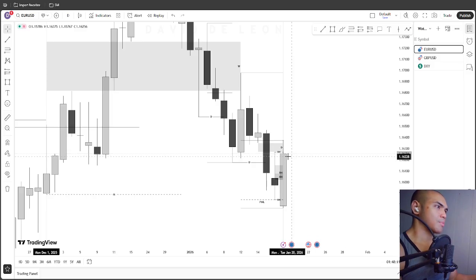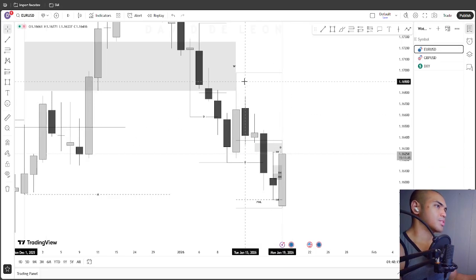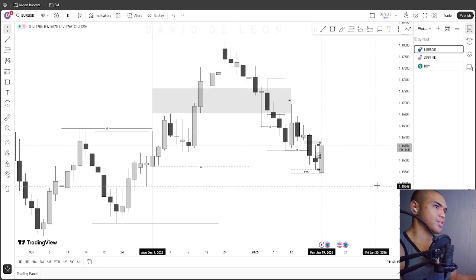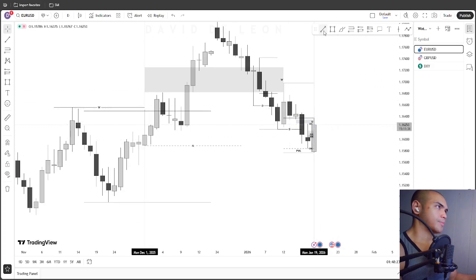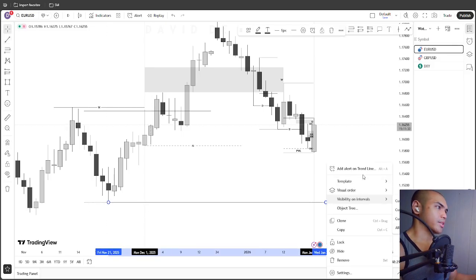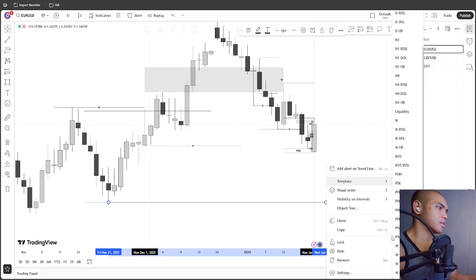I would like to see more action going on if this daily bearish structure is going to be respected. If that happens, we could potentially reach this weekly buy side liquidity down here.